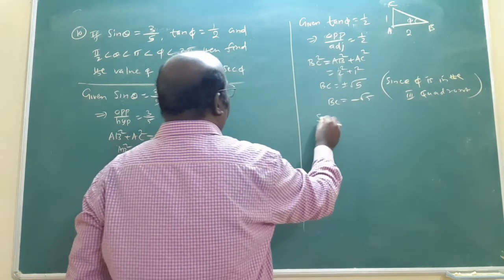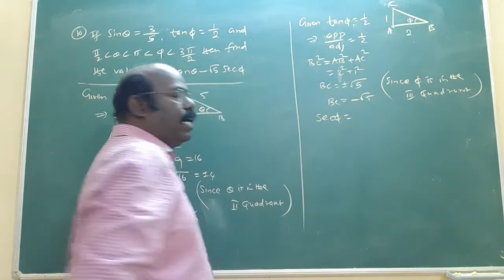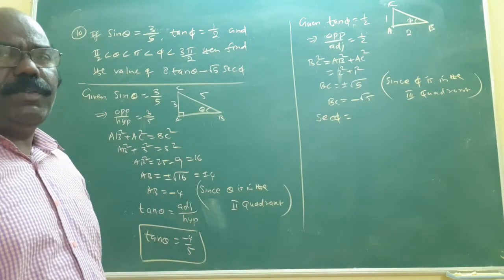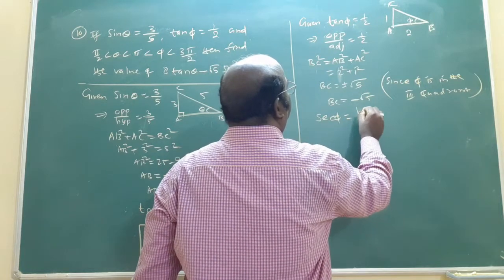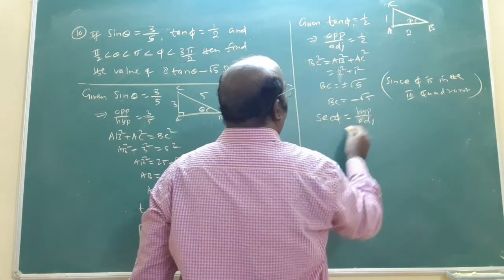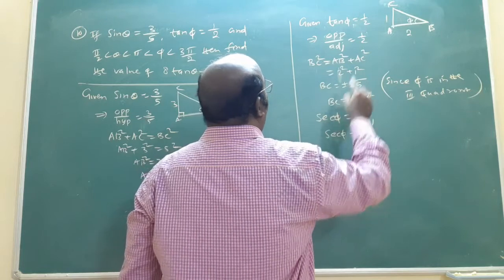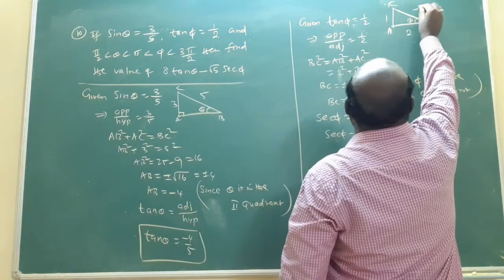Now what do we want? Secant theta. Secant theta is the reciprocal of cos theta. Cos theta is adjacent by hypotenuse. Therefore secant theta equal to hypotenuse by adjacent, minus root 5 by 2. Am I right?